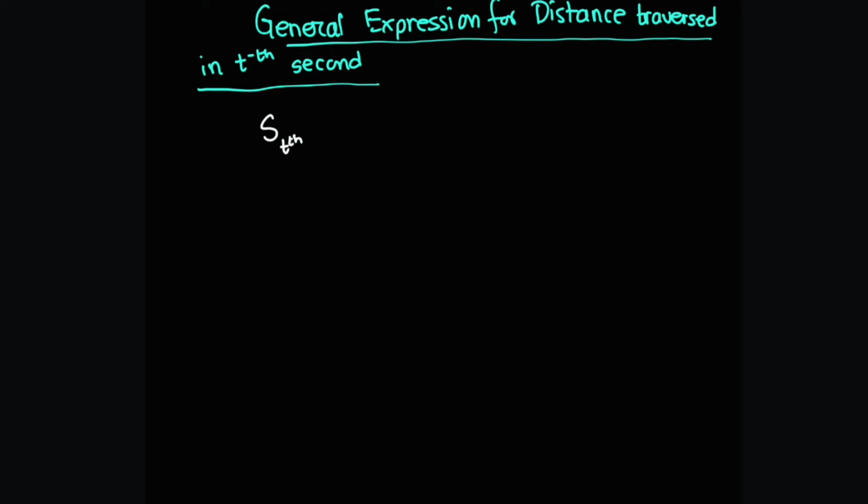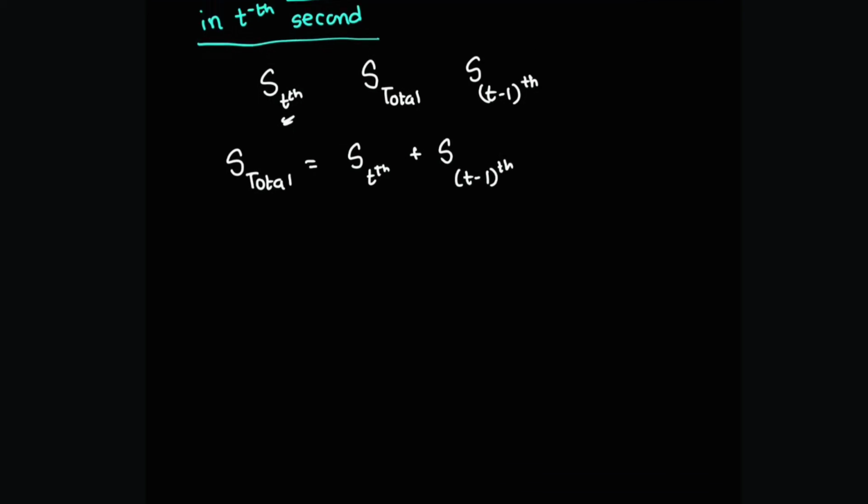So we can of course say that if we are here to calculate the displacement made in the tth second, and the total displacement made is S total, and the displacement made right before the second that we are calculating is the displacement made in the (t minus 1)th second, then we can say that S total is equal to S tth plus S t minus 1th.